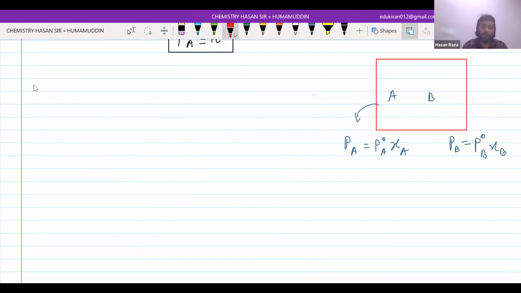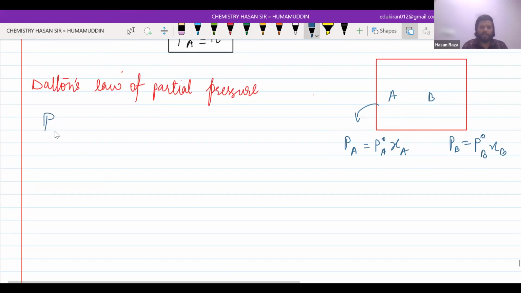according to Dalton's law of partial pressure, if you have heard about this, total pressure will be equal to the sum of all individual partial pressures.